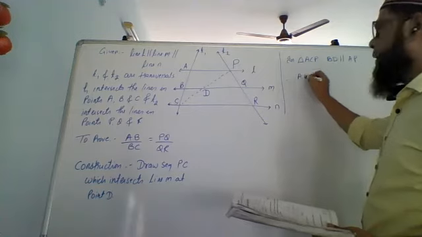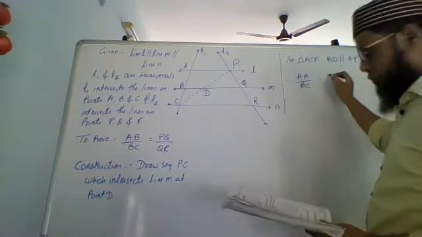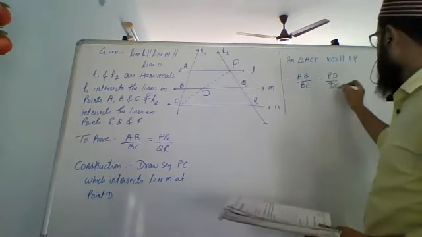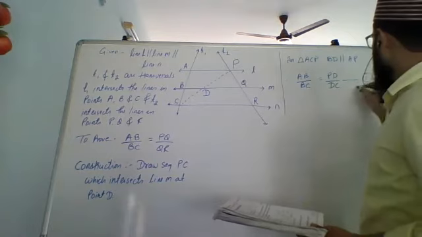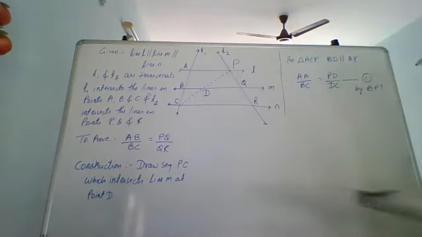Therefore, AB upon BC equals PD upon DC, equation 1 by BPT.